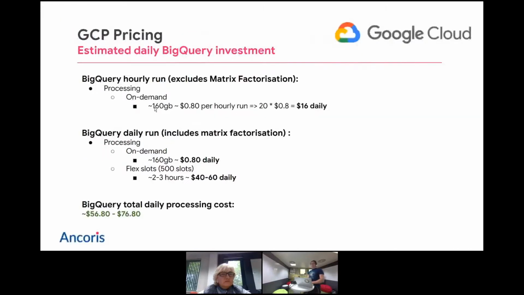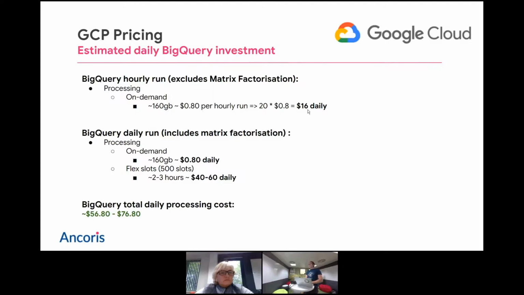And there's a little bit here on how much that costs. I always find these figures pretty amazing. So if we look at the feature engineering on BigQuery, think of this as running all the data pipelines upstream of that model. That was processing 160 gig an hour and cost about 80 cents per hour to run.